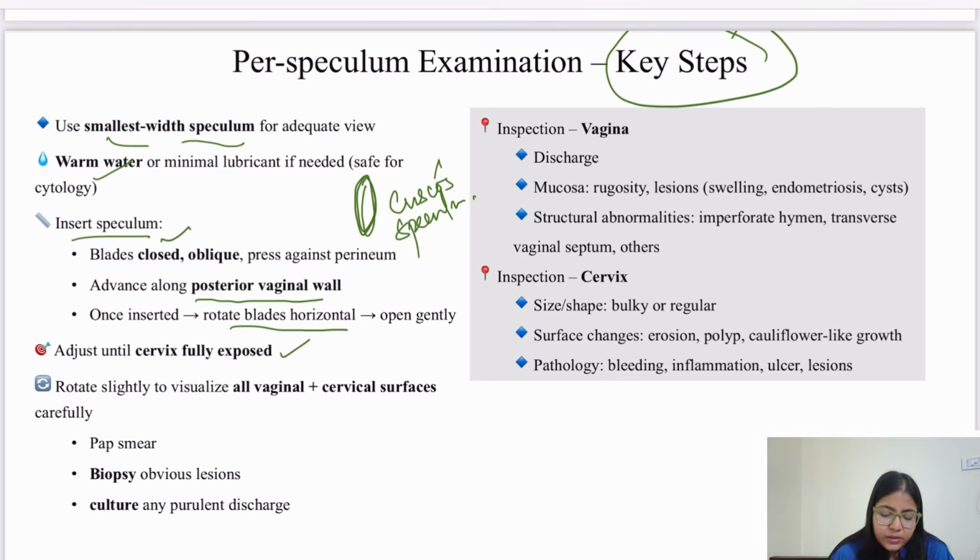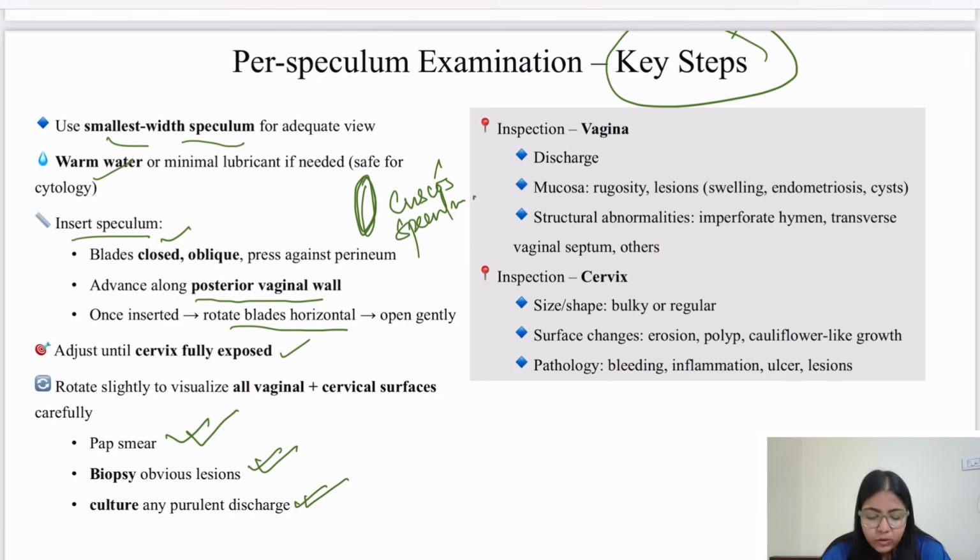So you fully expose the cervix and then you rotate slightly here and there to look for the other vaginal walls and cervical surfaces. You take the pap smear. If there is any lesion in the cervix, you take the biopsy, and if there is any discharge, you take the high vaginal swab or endocervical swab for any purulent discharge.